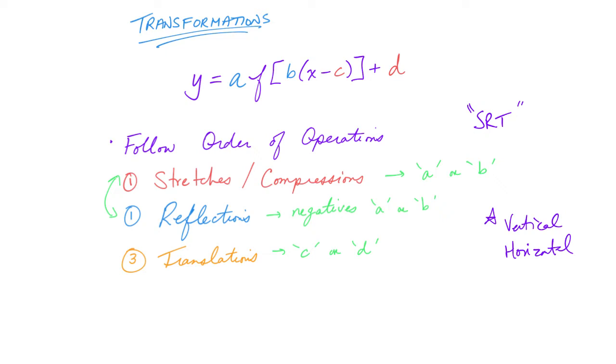We can transform our graph and have the proper outcome if we deal with all of our vertical transformations and then all of our horizontal transformations, or vice versa, as long as we don't switch in between.